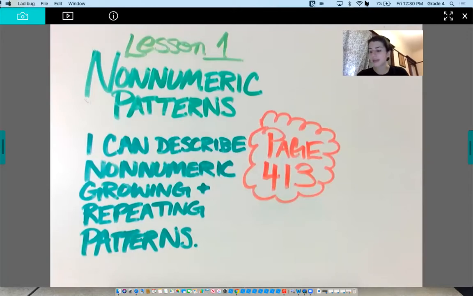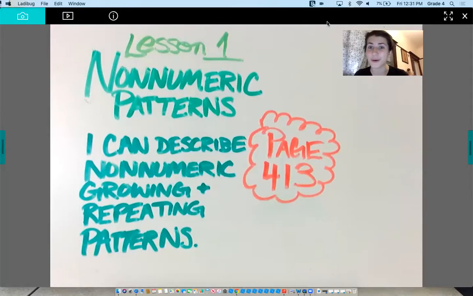Keep reading. In this lesson, you will use and describe patterns that do not use numbers, just like we just talked about, right? These are called non-numeric patterns. Many non-numeric patterns are shape patterns. So, your textbook is right. Many non-numeric patterns are shape patterns.